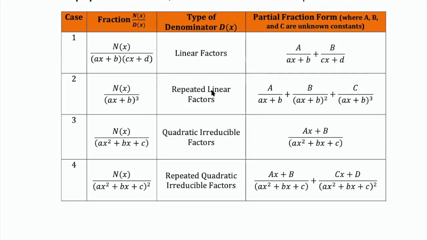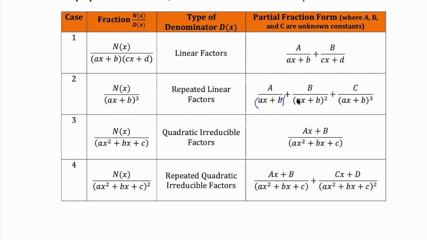If you have repeated linear factors in the bottom, so instead of having 2 different ones, you might have ax plus b, in this case, 3 times. You will always be able to find a partial fraction form where you write out those powers. So you write out an ax plus b, and that obviously is to the first power.